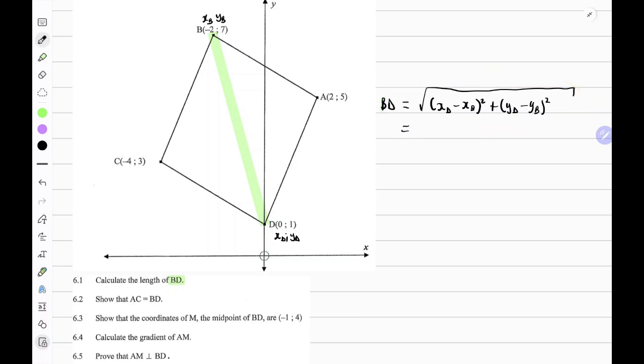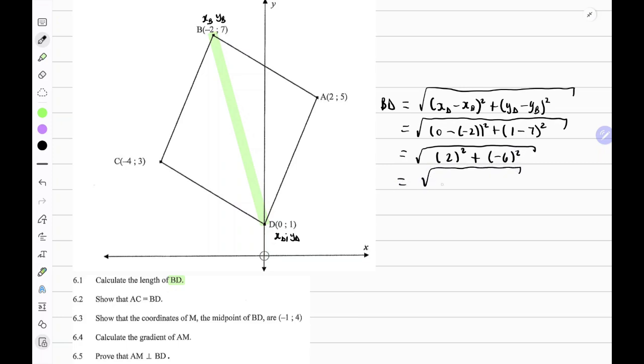So this is equals to XD, which is 0, minus negative 2 the whole squared plus YD is 1 minus YB the whole squared. So this is equal to the square root of 2 squared plus negative 6 squared, and this is equals to square root of 4 plus 36, which is equals to the square root of 40.